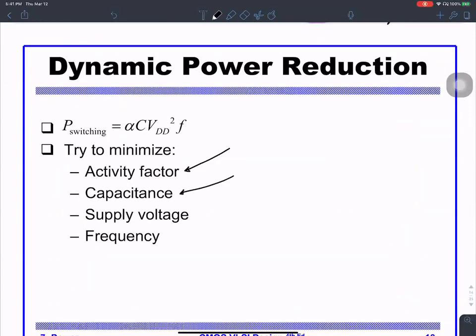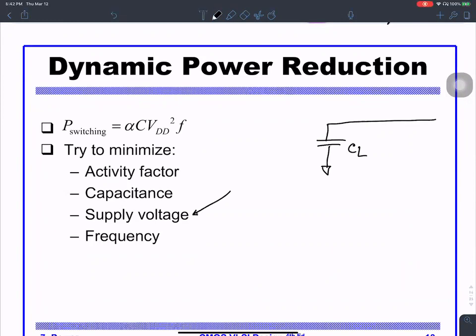So far we are only looking at the capacitance in the load, CL, right? As it turns out, the wiring between different nodes also contributes quite a bit of capacitance, and that can be reduced by wise floor planning.